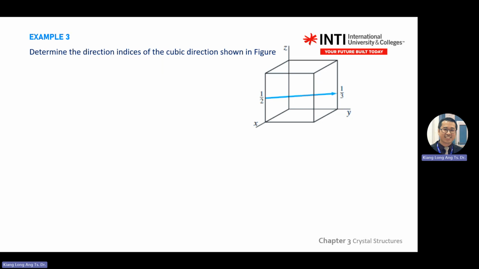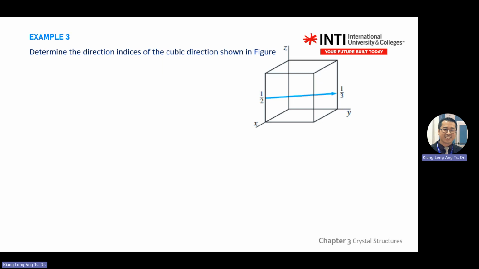X moves how many? How many steps from X to this one-third position?